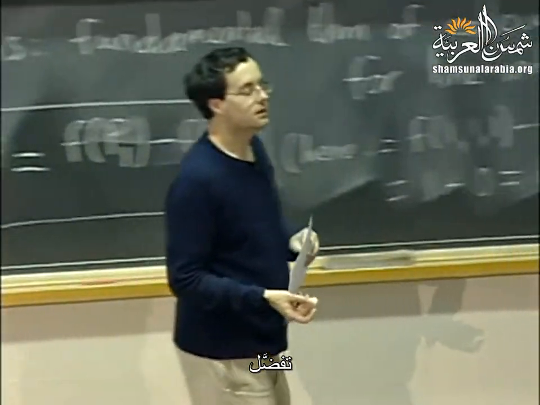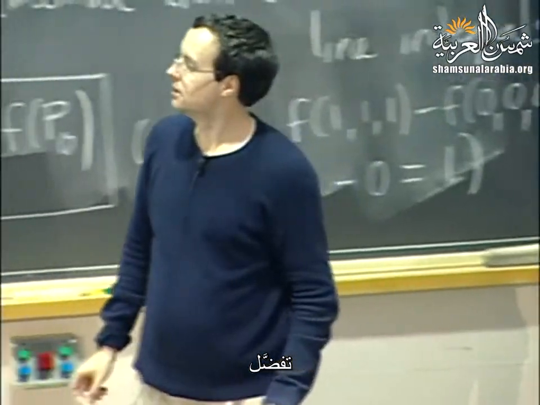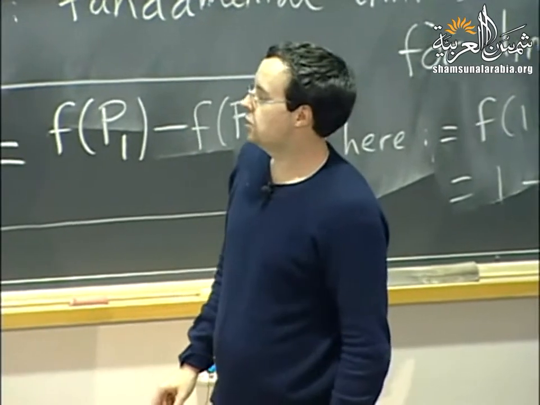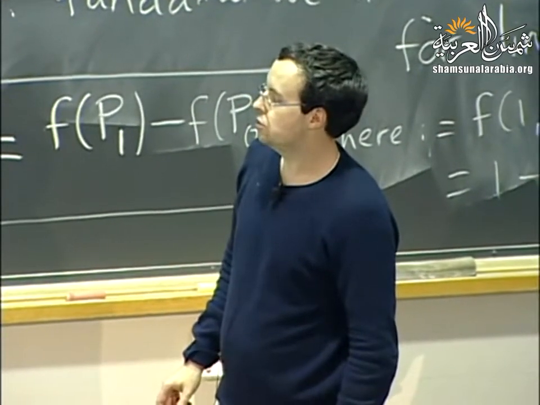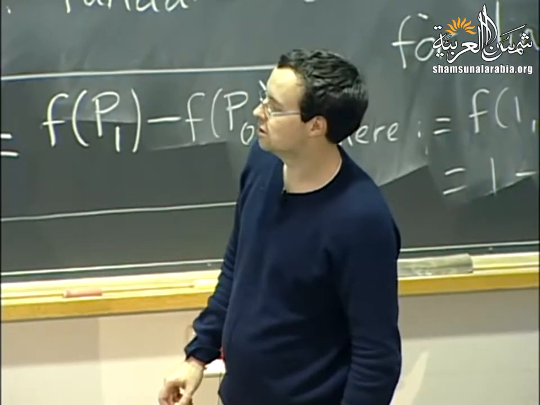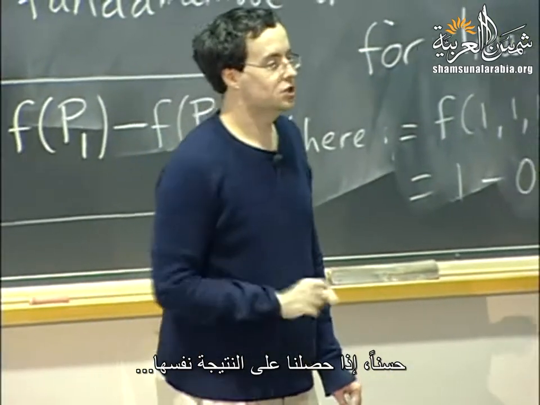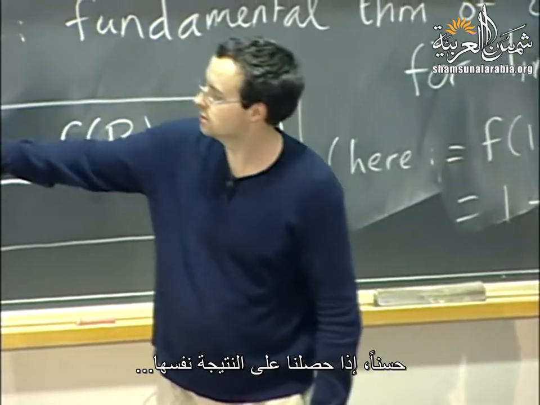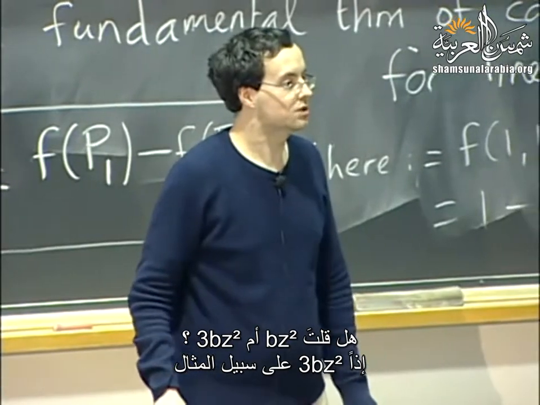Yes? If Q sub z was 3bz squared, then how would you find b? If Q sub z was, I see. Well, if I also got, did you say bz squared or 3bz squared? 3bz squared.